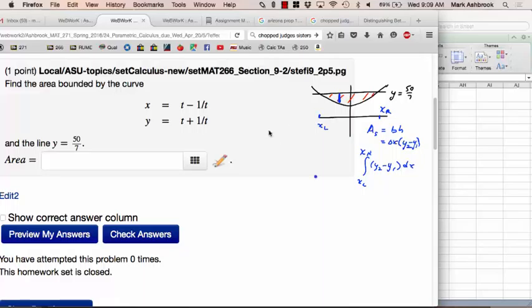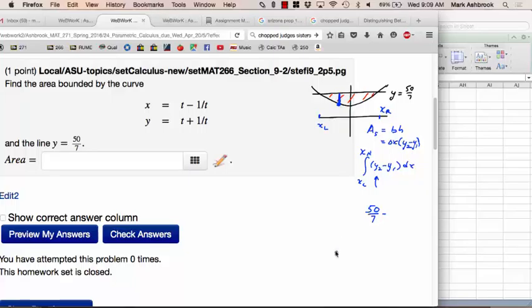So what is y2 in this situation? Well, that's the higher y, right? So we're taking the higher y minus the lower y to get that change in y. And so that y2 is just 57ths. And what is y1? Well, it's the y coordinate of this point right here.